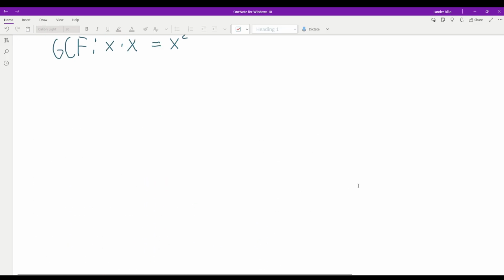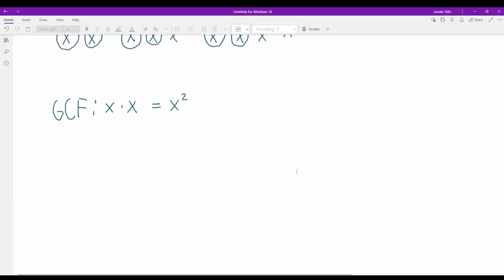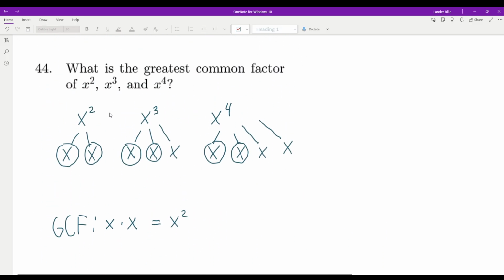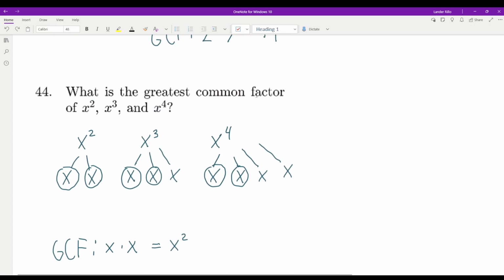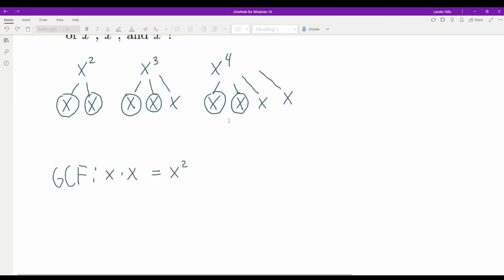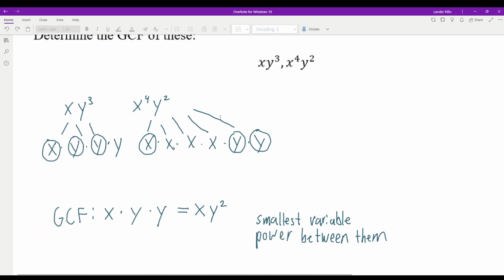Now, I'll show you what that means. So the smallest variable exponent, I guess for this example, is x squared. It's smaller than, it's least out of all of the exponents, 3 and 4. Okay? So the GCF is x squared. Very easy shortcut. Well, for two variables, you might have to look at x and y individually.